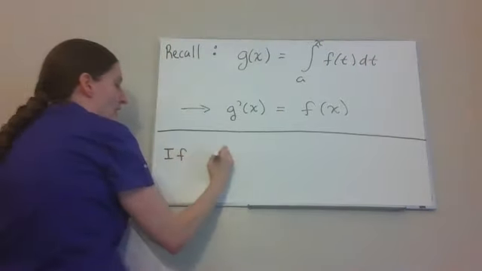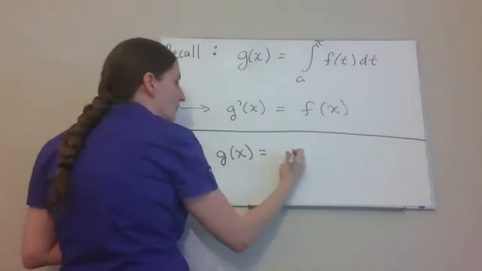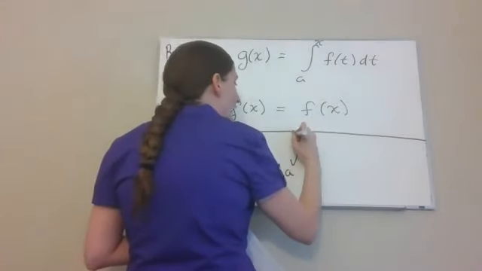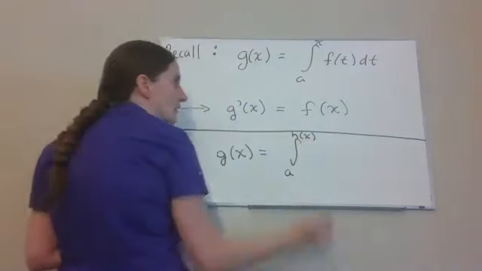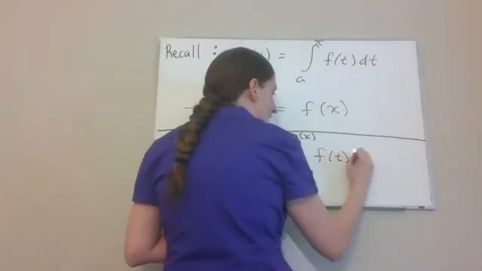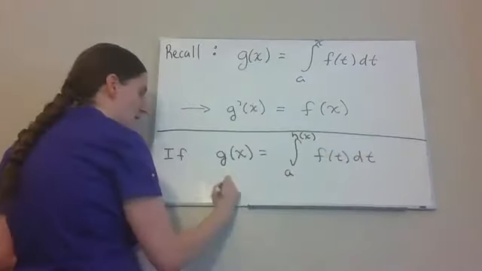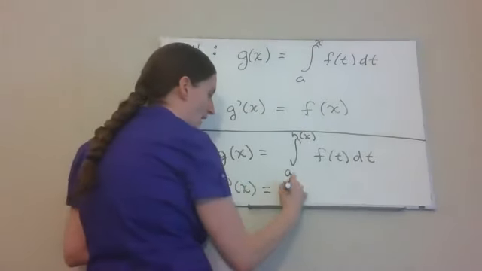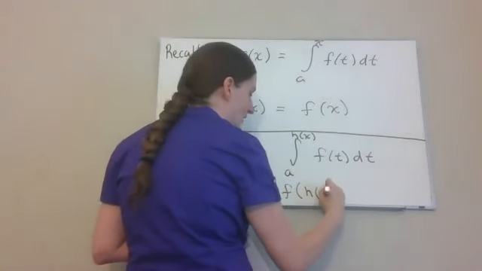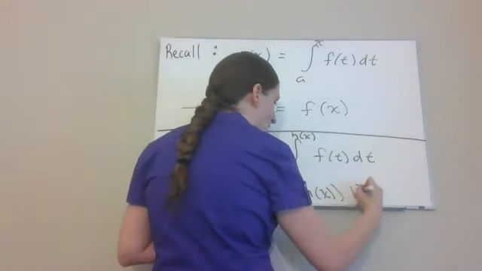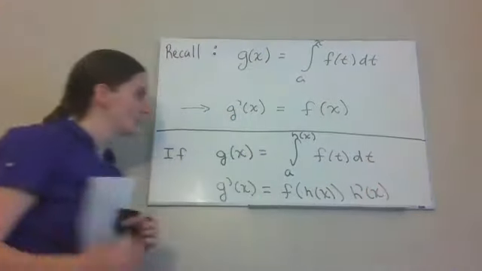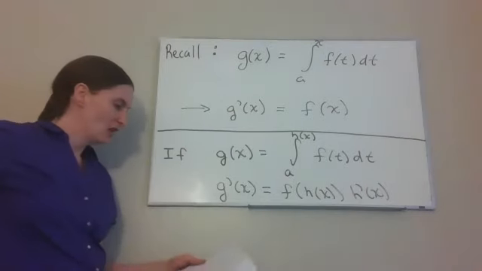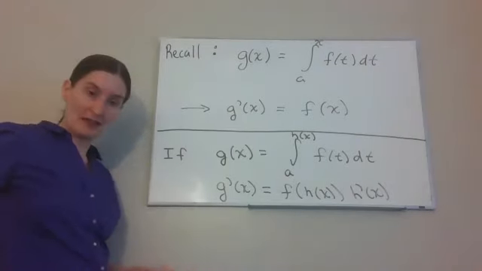So if g of x is equal to an integral from some number to some function of x of f of t dt, then my g prime of x is going to be equal to f with that top bound plugged into it times the derivative of that function. So that's doing a chain rule. We're kind of like doing a substitution. So let's do a couple examples doing this.